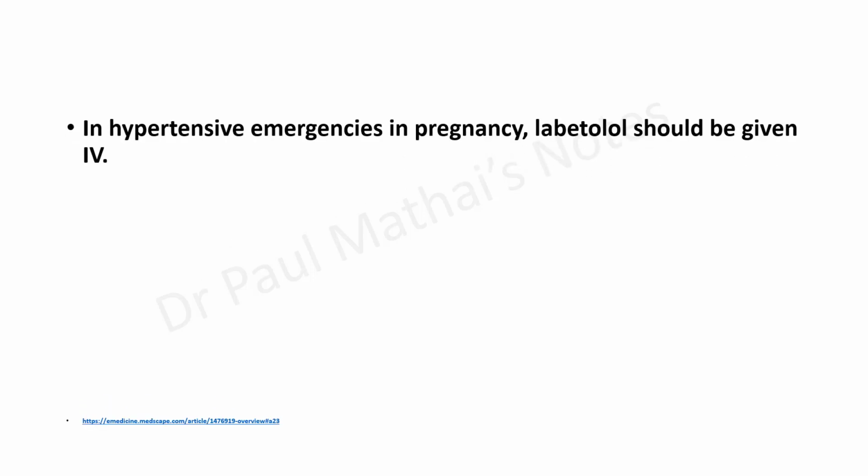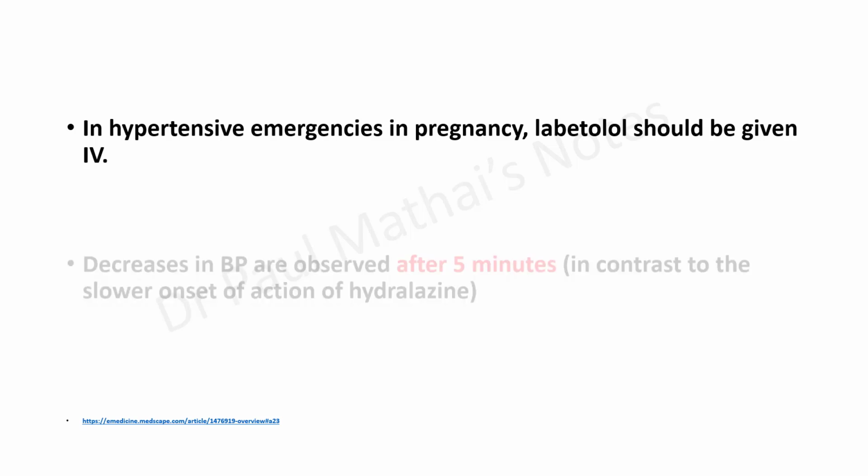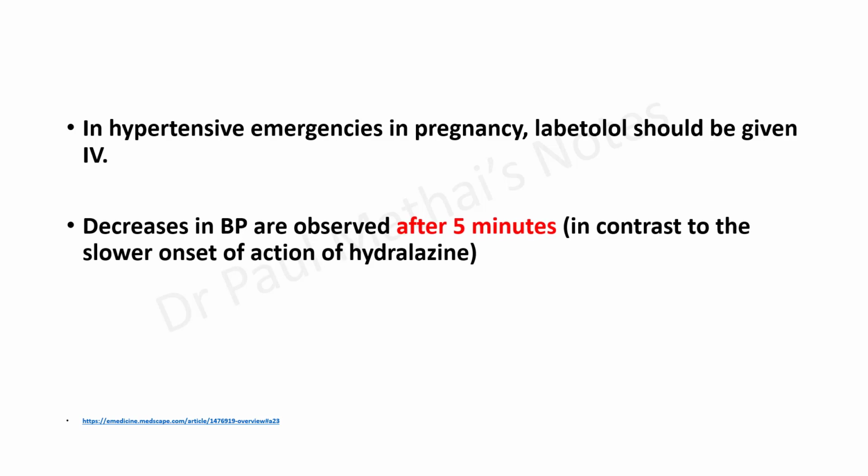Now, in hypertensive emergencies in pregnancy, labetalol should be given by the IV route. Decreases in blood pressure are observed after 5 minutes, which is very desirable in a medical emergency such as this.